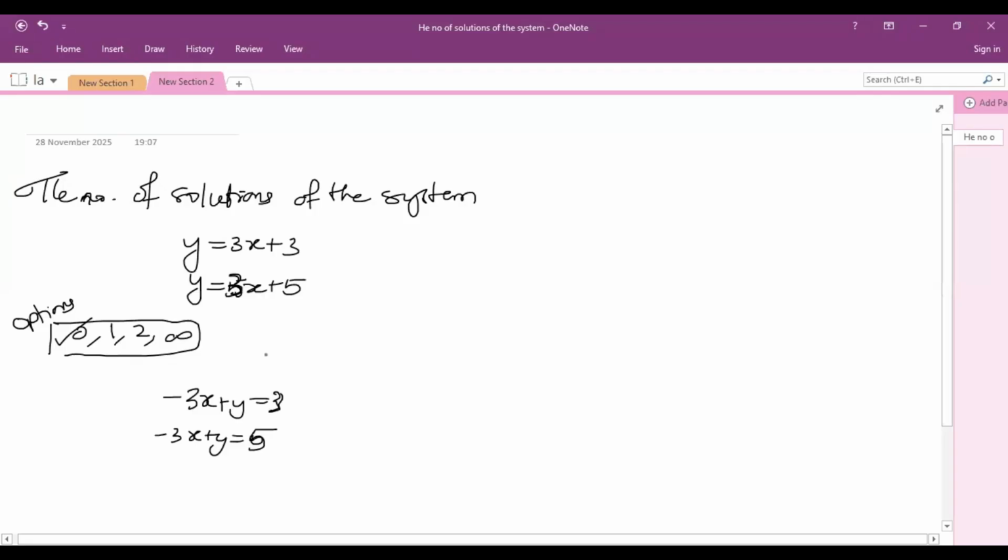The number of solutions of the system would be 0. So both lines are parallel lines, and they will not meet. Okay. Is that clear?